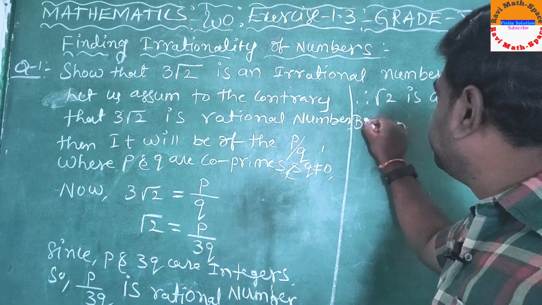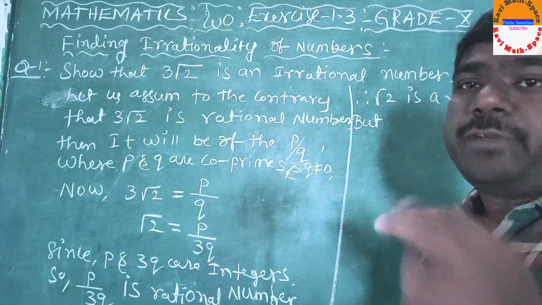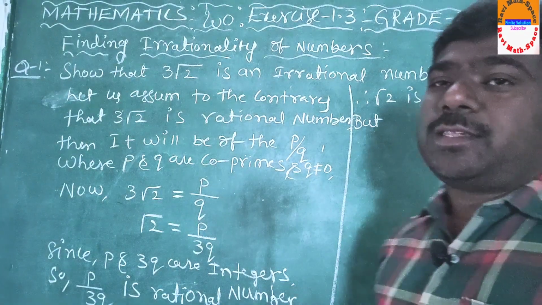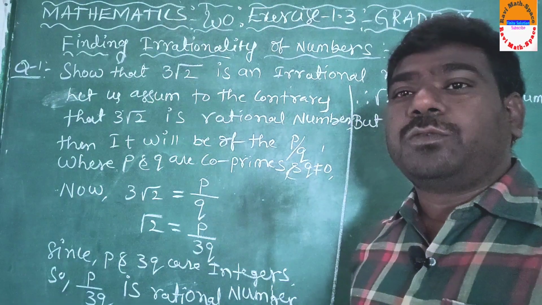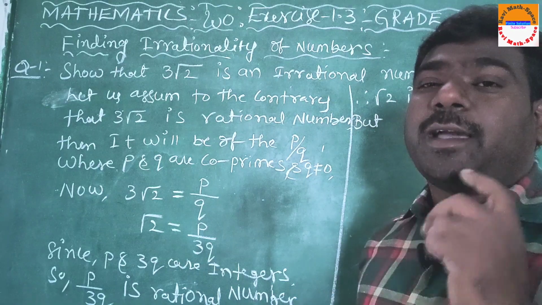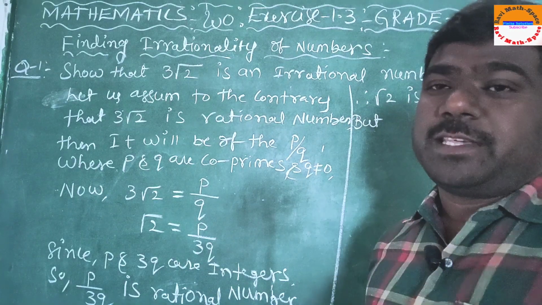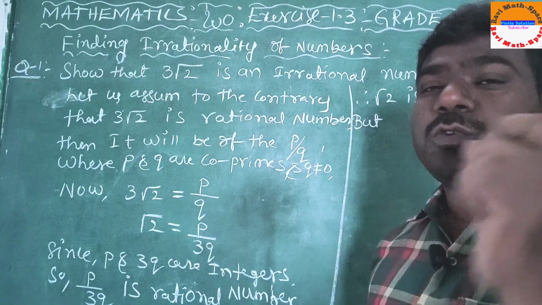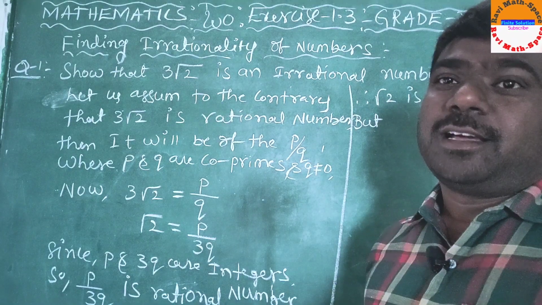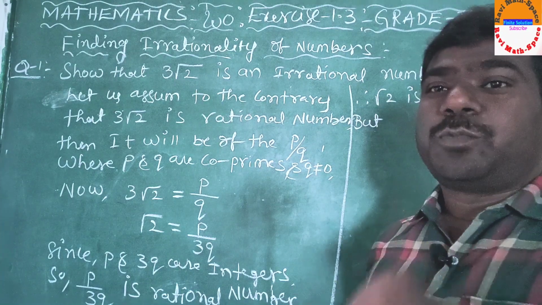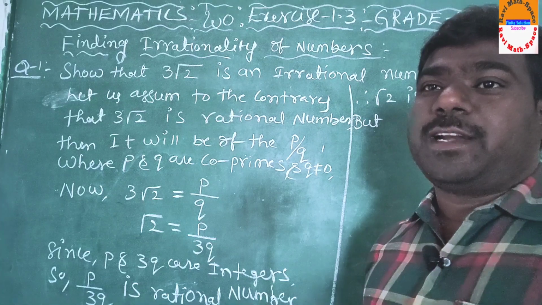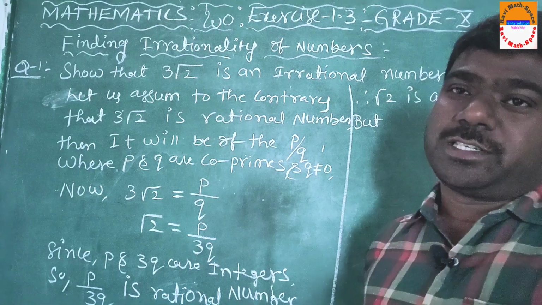But we know root 2 is irrational. How? In the previous video I explained, we have a theorem: prove that root 2 is irrational. Already I explained that problem in the previous video. I will provide it in the description box. You can watch.